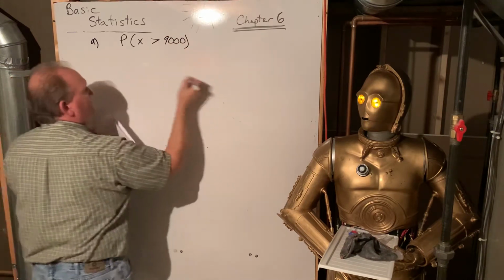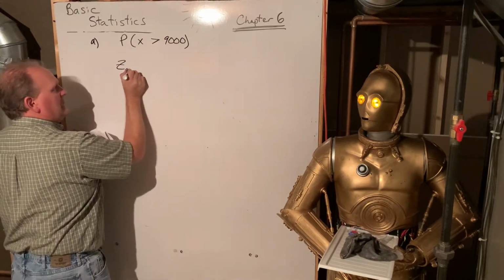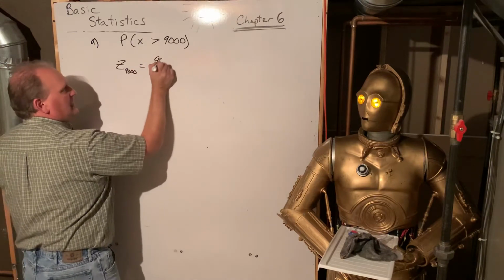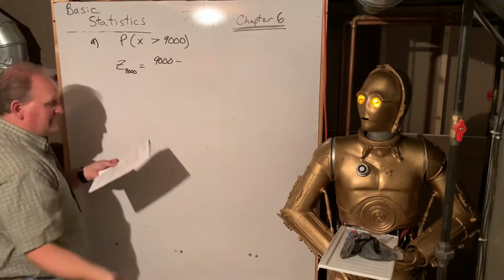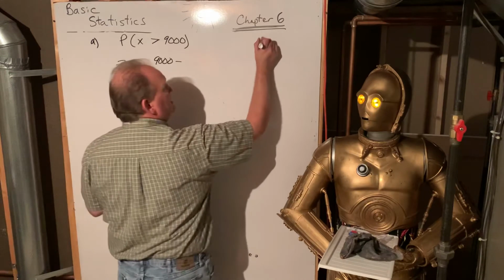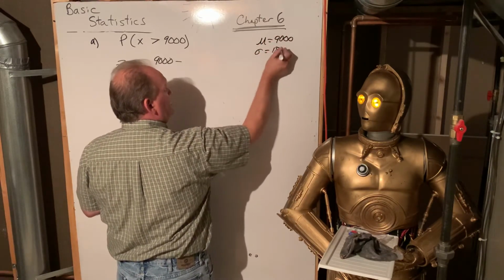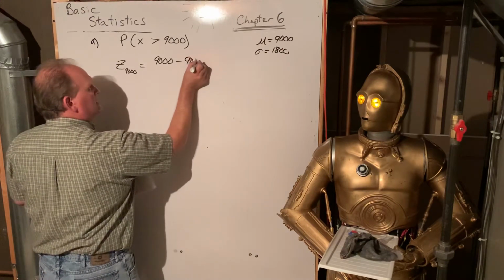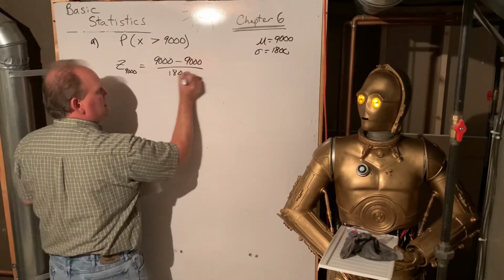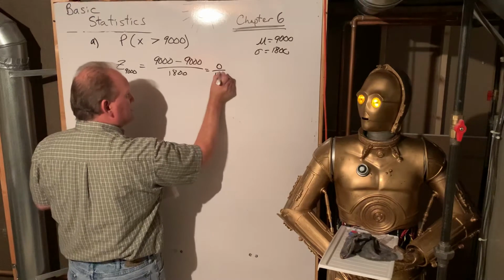So first we want to find the z-score that goes with 9,000. And so that's 9,000 minus the mean that they gave us. They told us the mean was 9,000 and the standard deviation was 1,800. So we just go 9,000 minus 9,000 over 1,800. That is 0 over 1,800. That is 0.